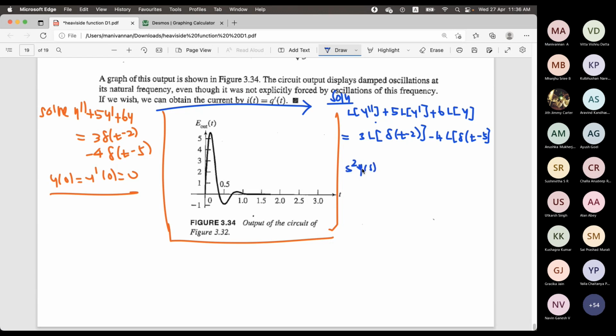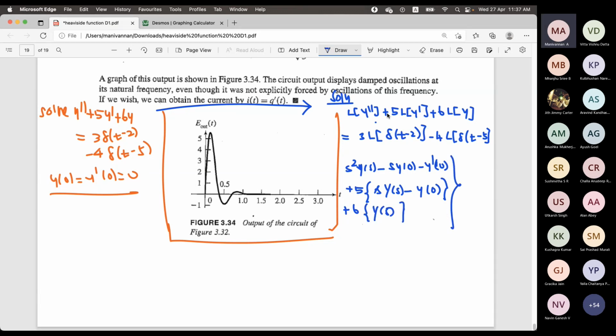Yes, sir. This can be written as s square y of s minus s into y at 0 minus y derivative at 0, plus 5 times of s into y of s minus y at 0, plus 6 times of y of s. So this is my entire left hand side, whereas on the right hand side, 3 times the Laplace transform of delta of t minus a is e raised to the power minus 2s.